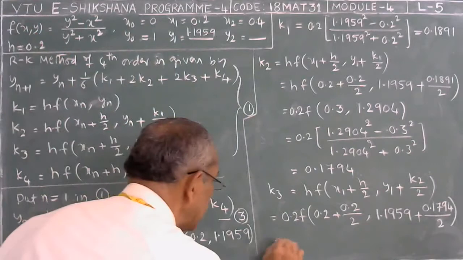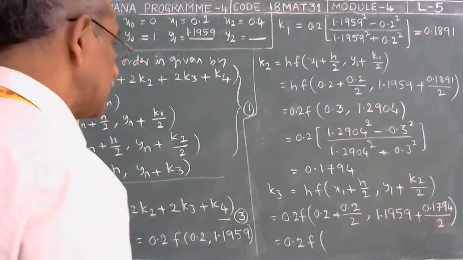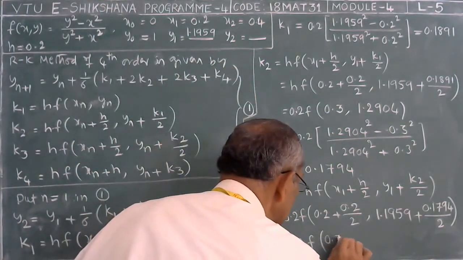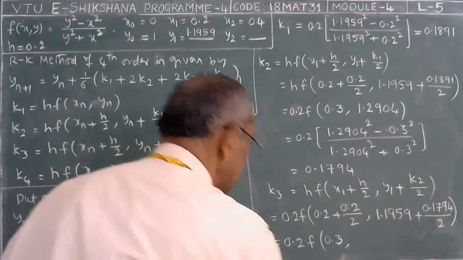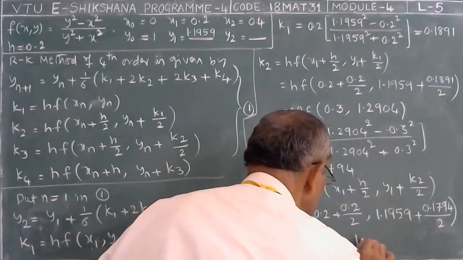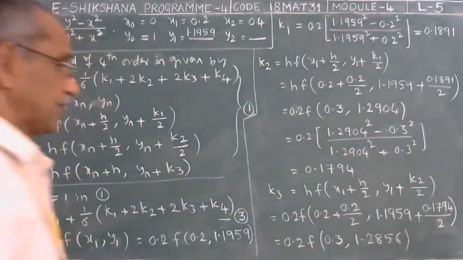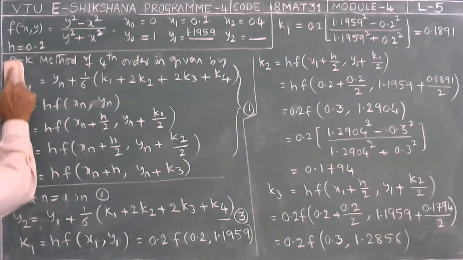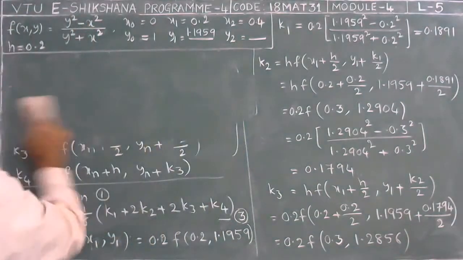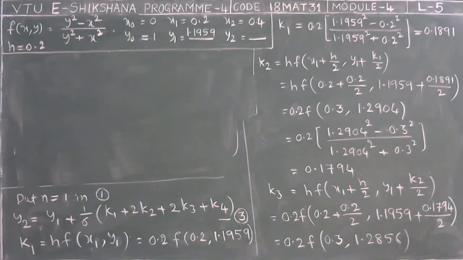So now if you simplify, you get 0.2 into f of 0.1 plus 0.2, 0.3, comma 1.2856. Now apply the definition. So I no longer require this one. Apply the definition.